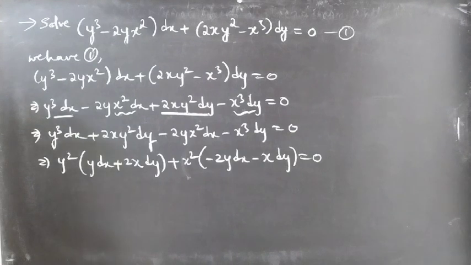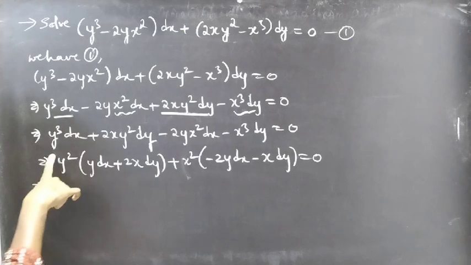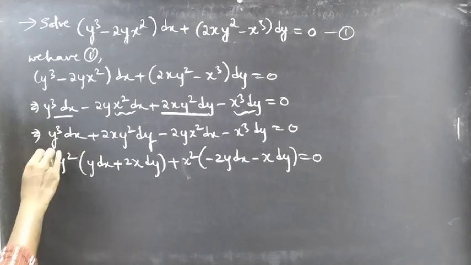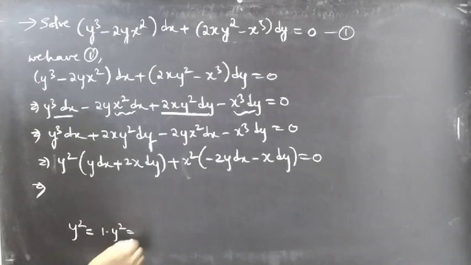Also here you're having y square, and you don't have any x term here, so we can write this as 1 into y square. Since we don't have any x term, we can write 1 as x power 0.